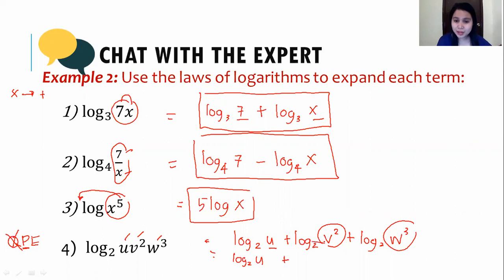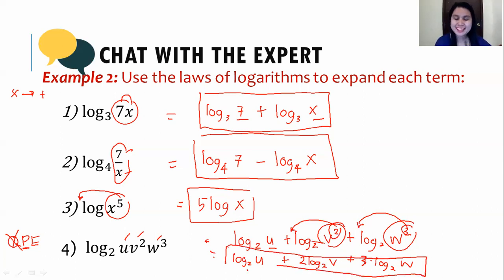The second one is 2 log base 2 of v. The exponent is placed first. And the last, the exponent is placed first again: 3 log base 2 of w. You check your antilogarithms. That's u, v, and w. Already in simplified expanded form. That's the answer.